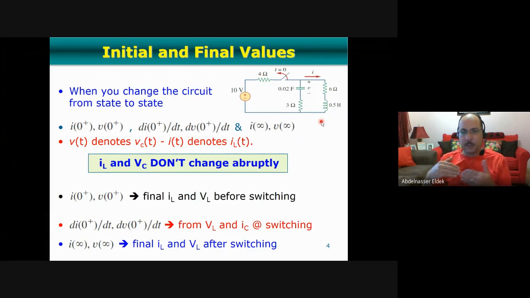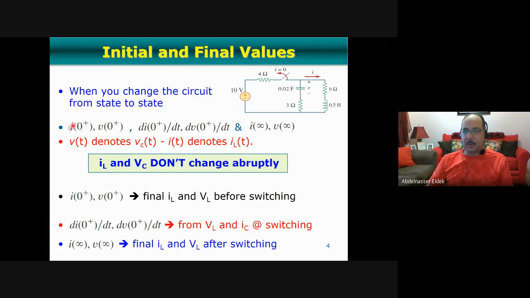So the initial condition is the voltage across the capacitor and the current in the inductor at the time of switching. What will happen at the time of switching? This is the initial condition. Usually we use 0 plus and 0 minus, which are just after and just before switching. So they're supposed to be the same.